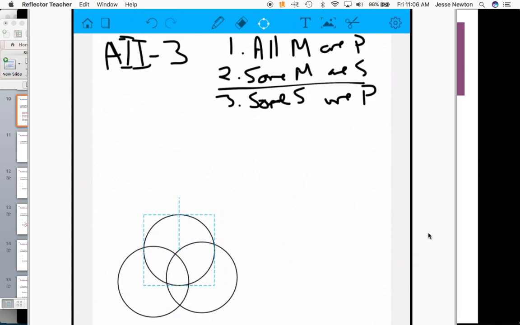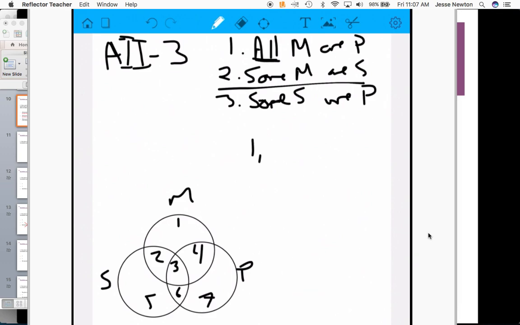Well, we're going to diagram this, and we're going to begin by listing our areas and diagramming the combined premises. It doesn't make sense to diagram the combined conclusion. But we're going to diagram the combined premises. And we could logically start with premise 1 or 2, but we're going to start with the first one because that has the universal quantifier.